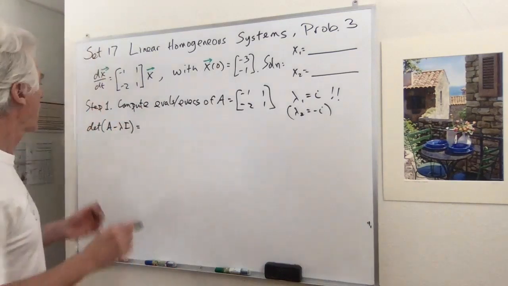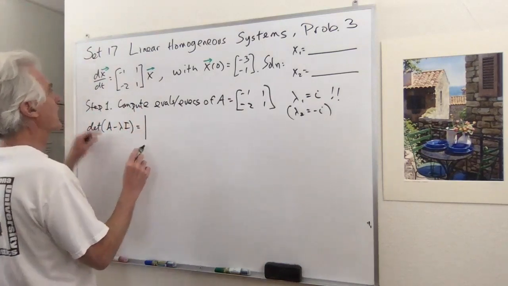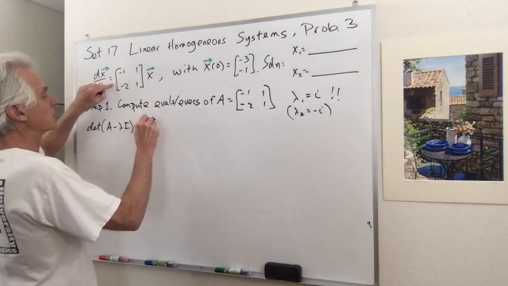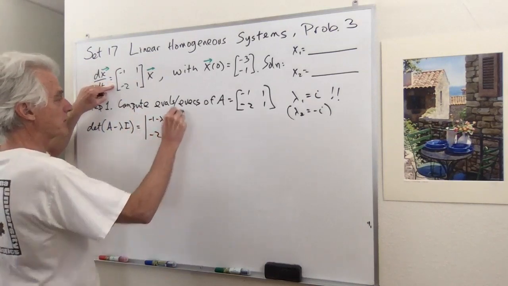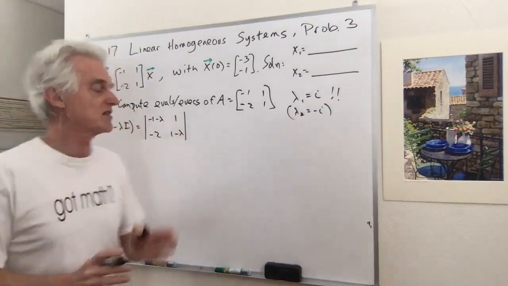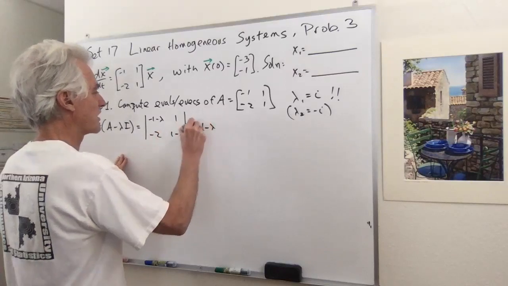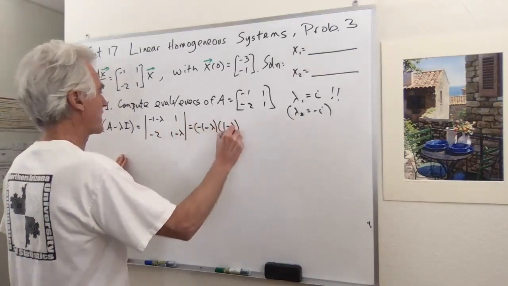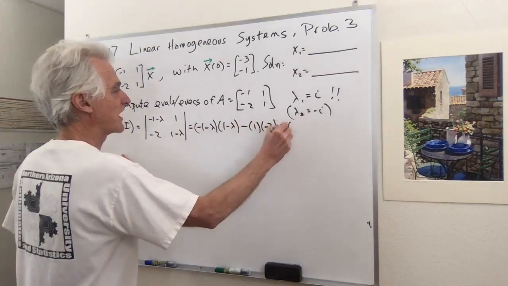I'll use this notation, I noticed Paul's notes use it, and you might have seen it: the determinant of [-1 minus lambda, 1; -2, 1 minus lambda]. Those vertical bars mean the determinant of that matrix. This is (-1 minus lambda) times (1 minus lambda) minus 1 times -2, and I'm going to set that equal to 0.